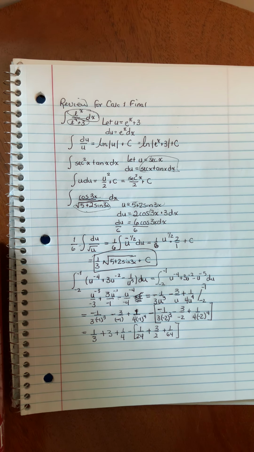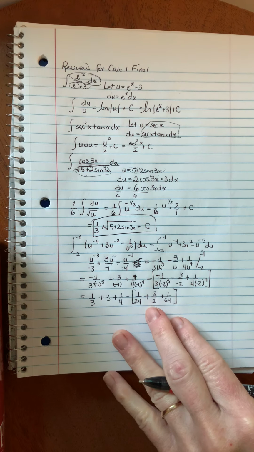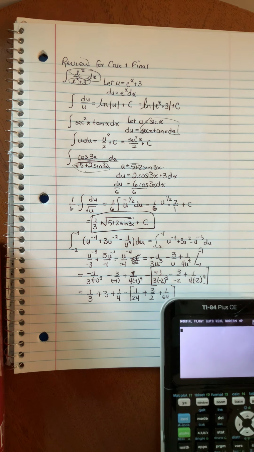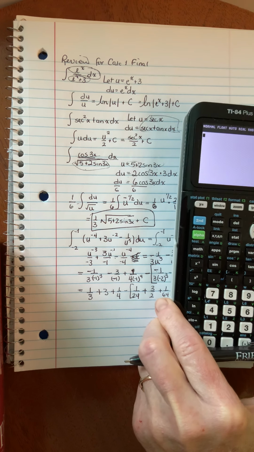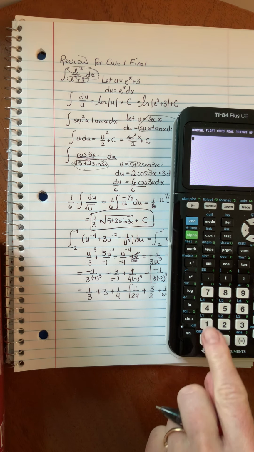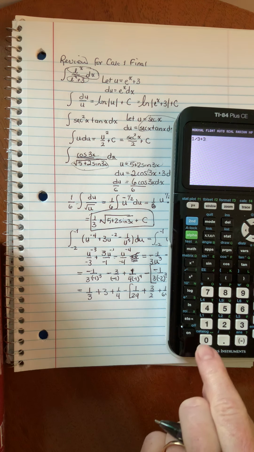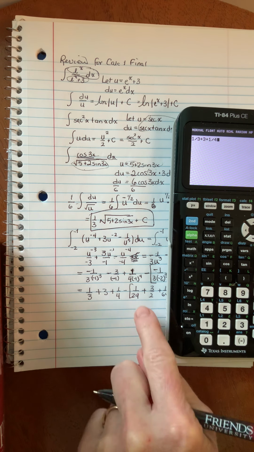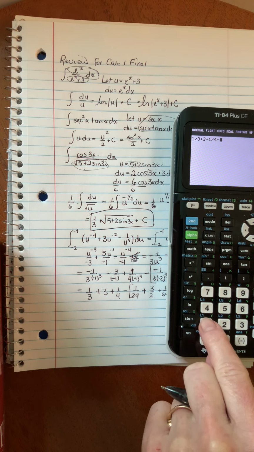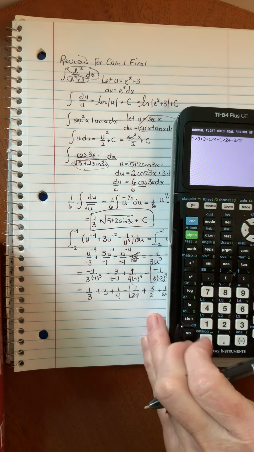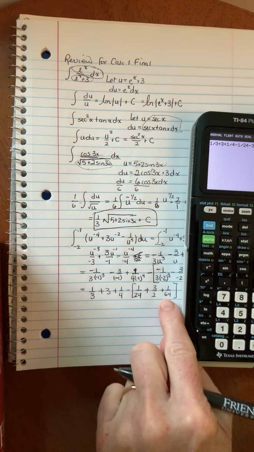Now you may or may not like to do fraction work. I'm going to kind of cut some corners on that. So let me get my calculator going here. Let's see what happens. Here's the calculator. And let me set it right here and I'll kind of grab the numbers. So I'm going to take 1/3 plus 3 plus 1/4 and then minus 1/24, minus 3/2, and then minus 1/64.